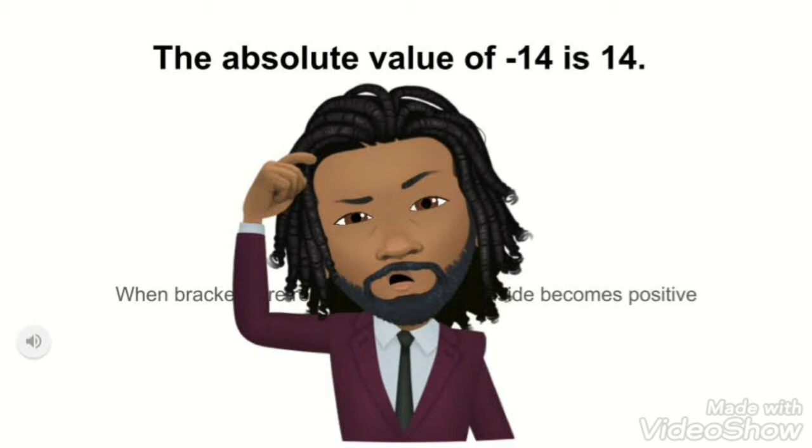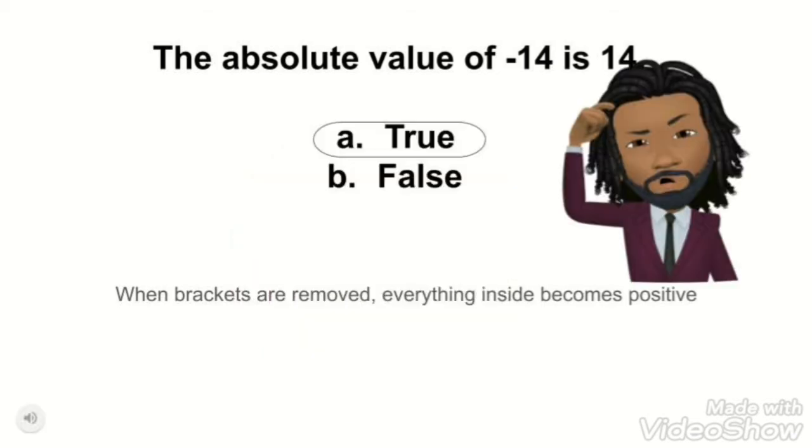When you take the brackets off, there is no negative sign, right? So we would say that is true. When brackets are removed, everything inside becomes positive. Everything inside the brackets becomes positive. So, yeah, that one is pretty simple, pretty easy.